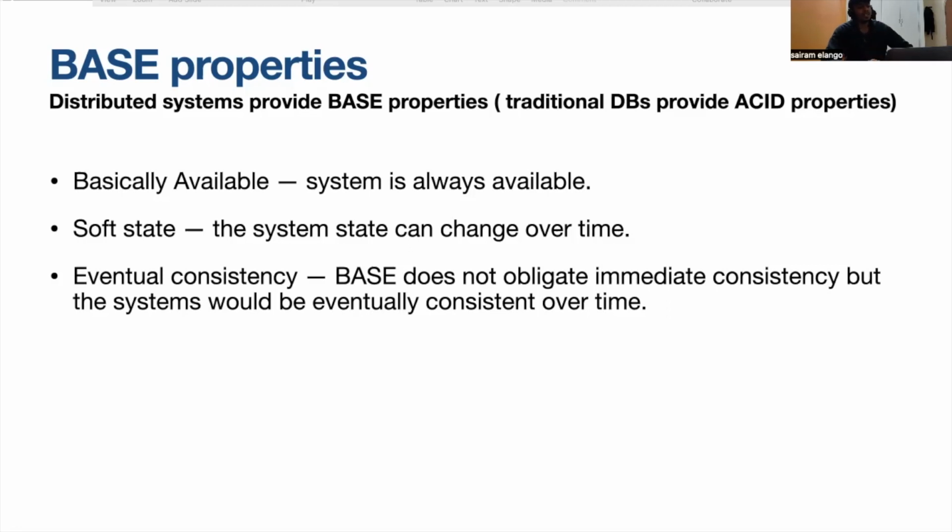And for an eventually consistent system, the BASE property does not obligate immediate consistency, but over a course of time, all the nodes will have the latest up-to-date data. That is what eventual consistency means.